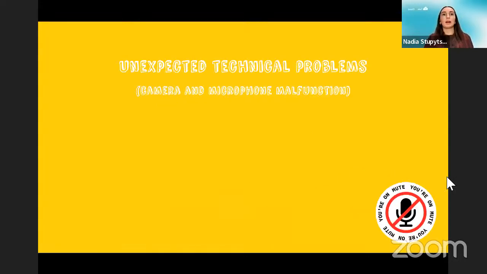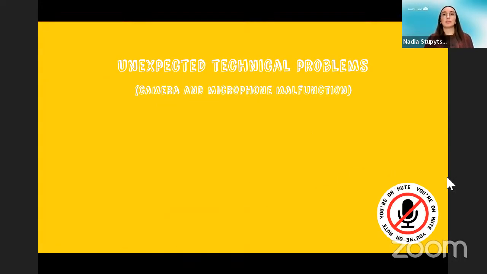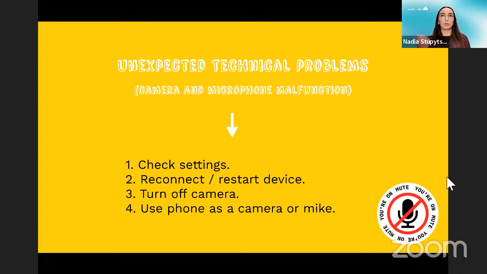So if you sometimes have unexpected technical problems, you are not alone. Sometimes you might have camera and microphone malfunction, and here are some tips to overcome this problem. First of all, as always, check some settings, if everything works properly, maybe mute and unmute yourself.